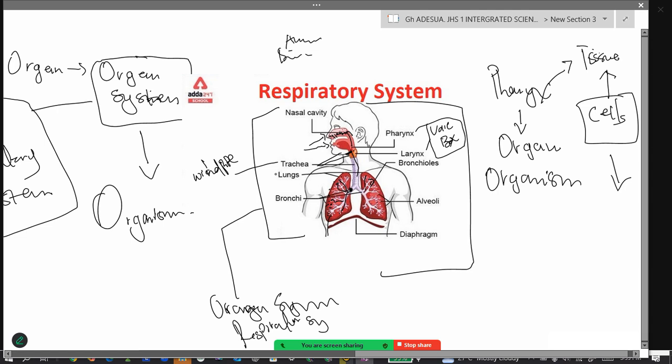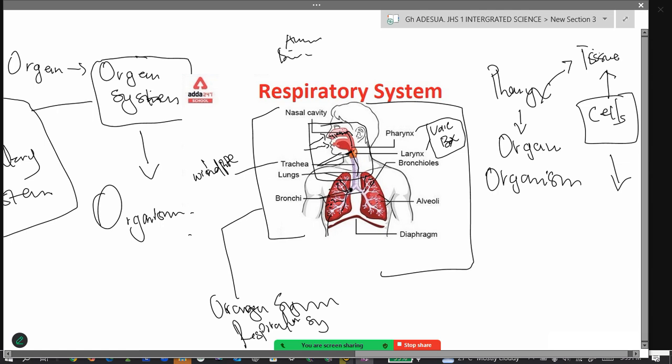When you are coughing, maybe you've gotten catarrh or common cold, what is happening is that it's affecting the top parts of the respiratory system. And sometimes when you cough excessively, it's because it is affecting the lungs. That's why if you look at a lot of cough syrups, you realize that they've drawn the lungs on them.